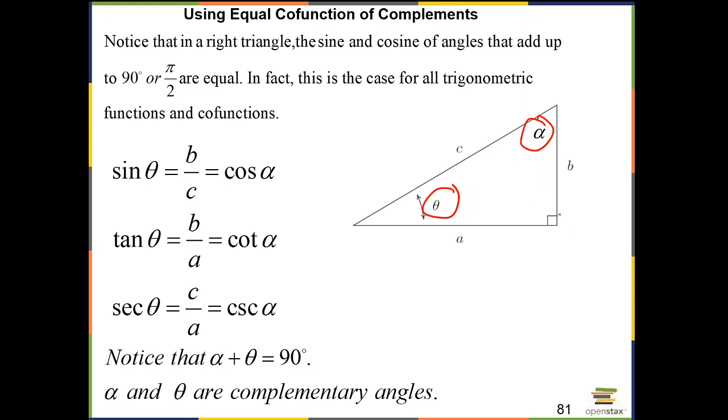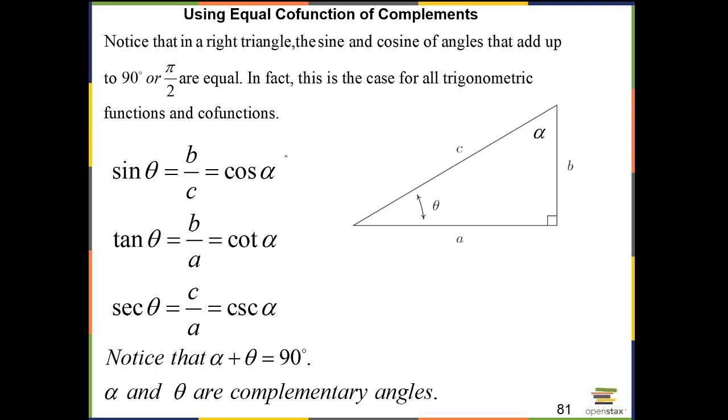Well, because this is 90, so they have to add up to 90 for the angles to add up to 180, right? So these 2 add up to 90, and notice that the cosine of this angle, which is A over C, is the same as the sine of this angle, because sine of this angle is opposite over hypotenuse, right?